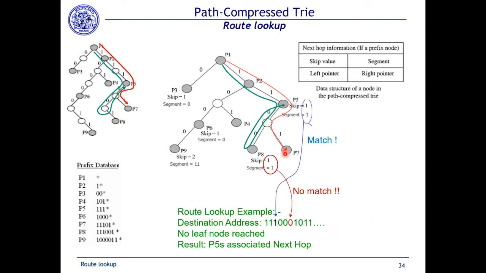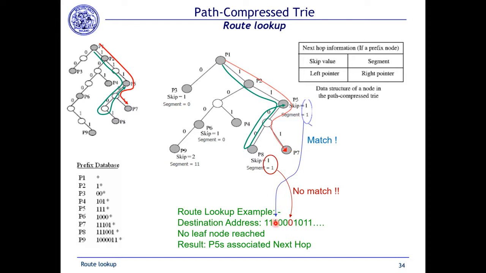This is another destination address. So again, we take the first 2 bits, and this is a normal path because we don't have any compression. We arrive to this gray node again, which is a compressed node, so we have to consider one further bit because skip is equal to 1.